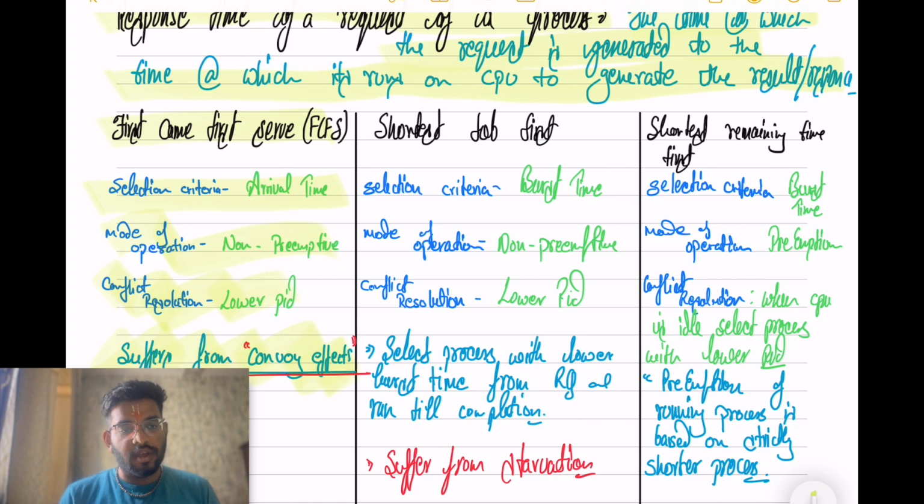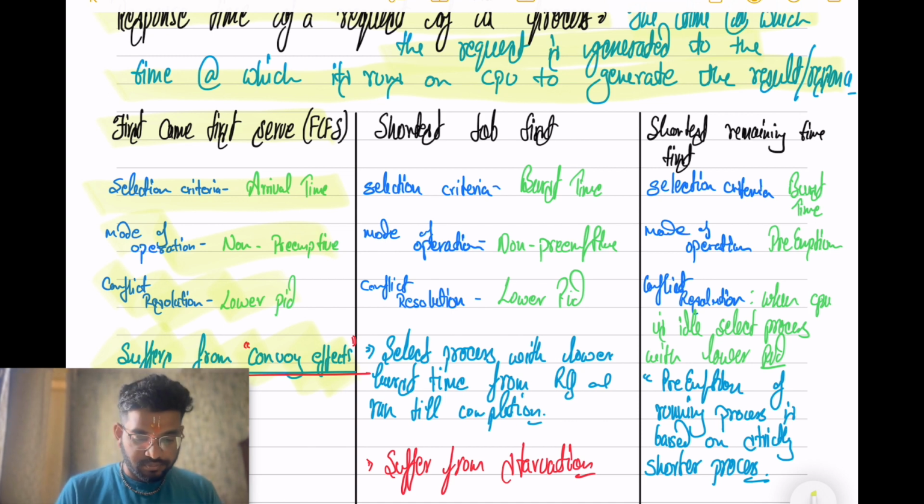This is known as the convoy effect, like a big truck moving ahead of you that you cannot overtake, which slows down the traffic.